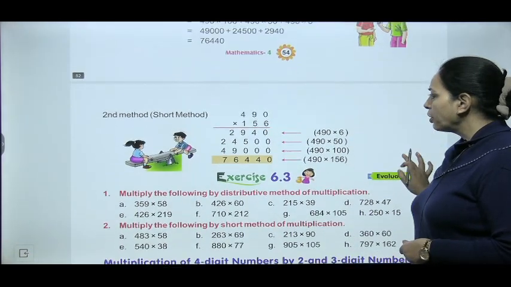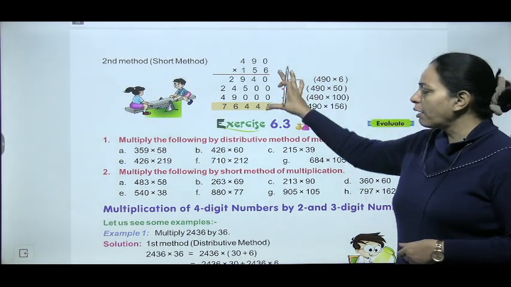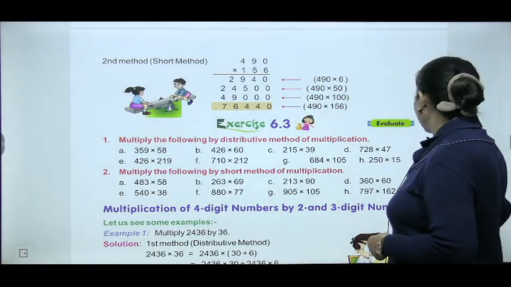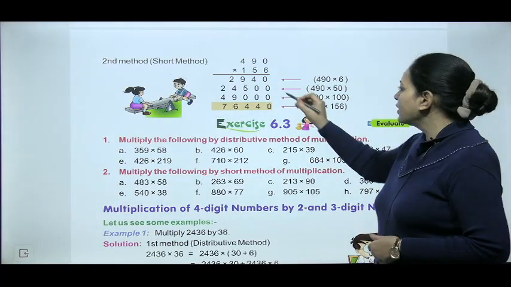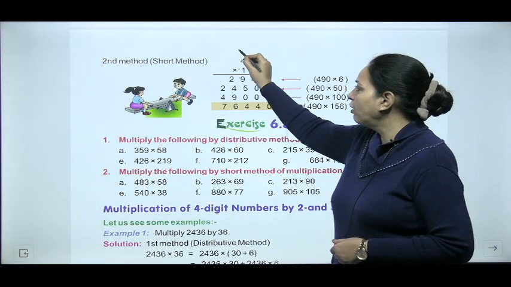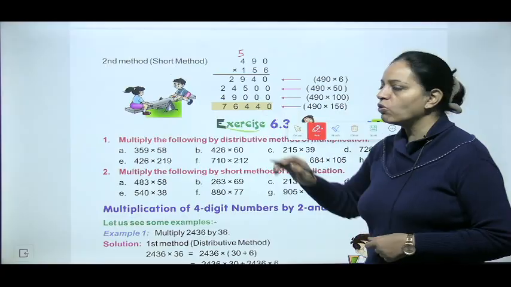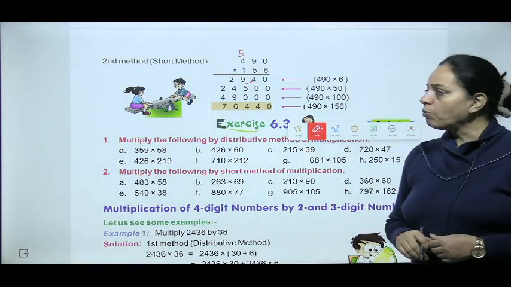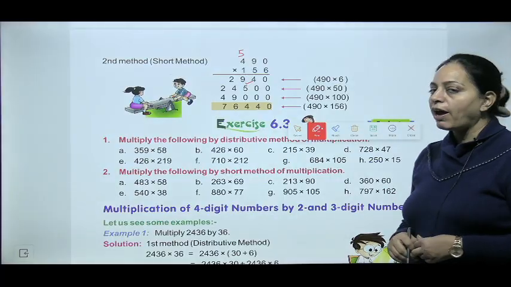And what is the shortcut method? Just arrange the numbers like this. So first multiply by the ones digit. First we will multiply by 6. 6 zeros are 0. 6 nines are 54. 4 here, 5 carry. 6 fours are 24 plus 5, 29. Now multiply by the tens digit, that is by 50.